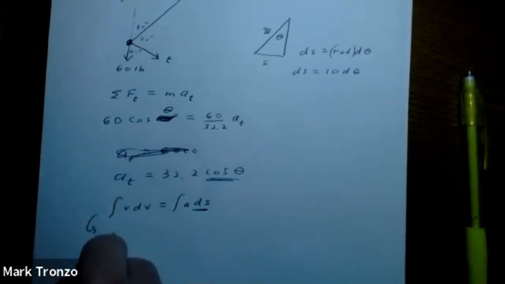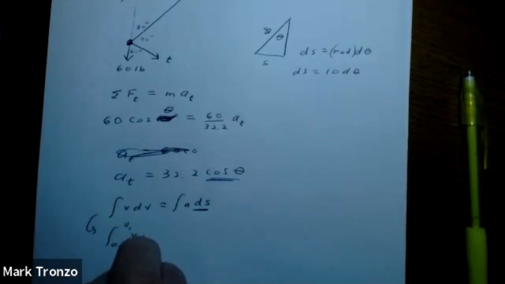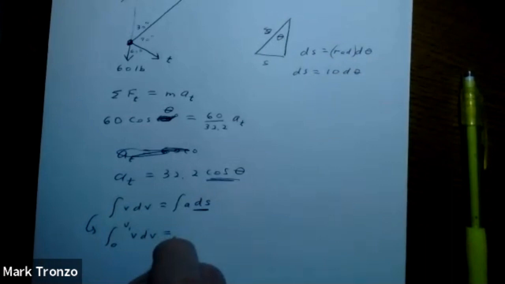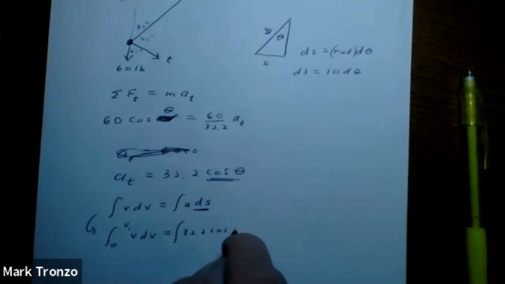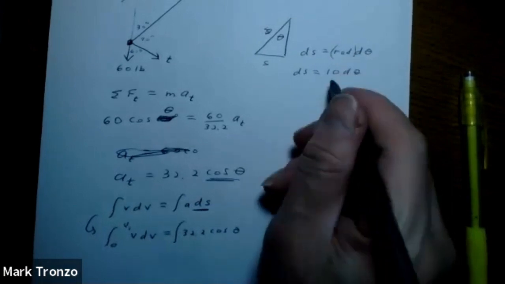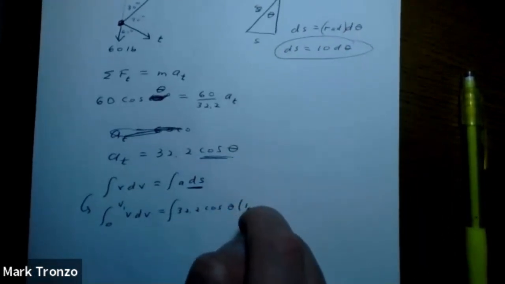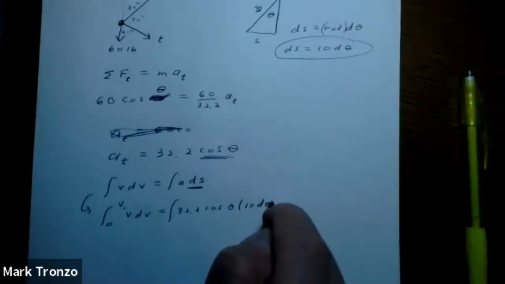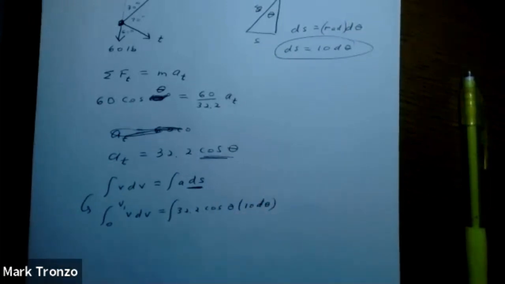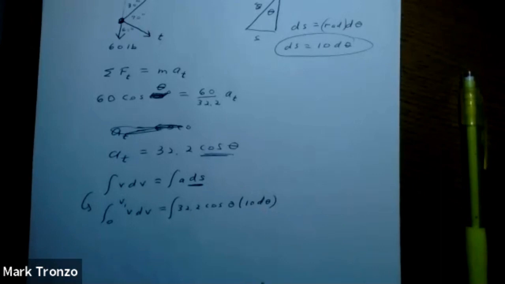So over here, this is going to be integral 0 to v1 v dv equals our acceleration, 32.2 cos theta. And then for ds, we're going to have to use 10 d theta. Let me just clean that up a little bit. The left-hand side we can integrate right away.